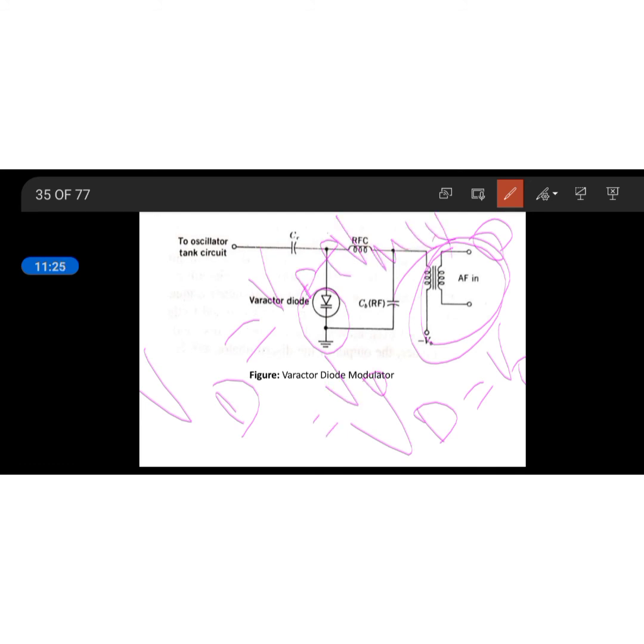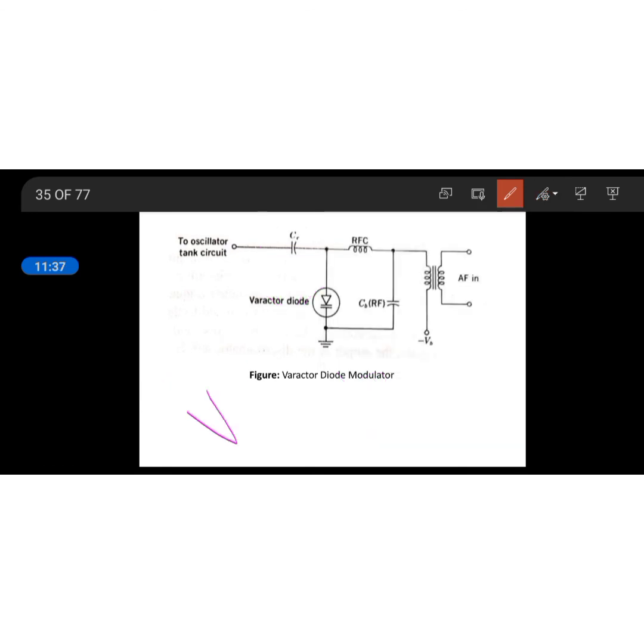That means VD is equal to V0 plus Vm of t, where Vm of t is nothing but Vm sin omega m t.